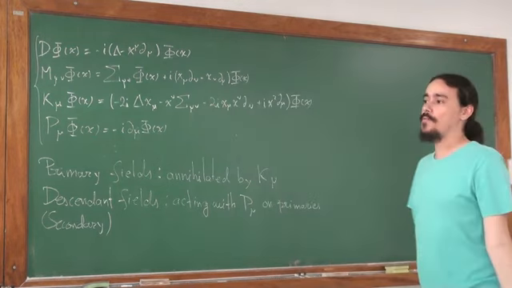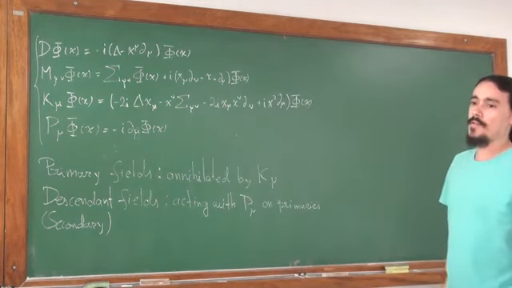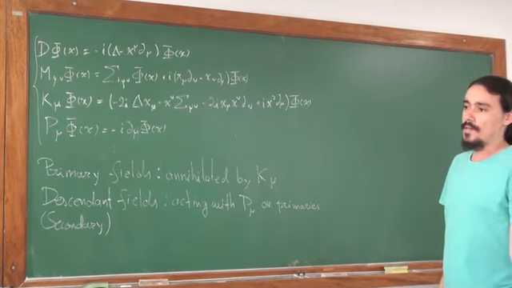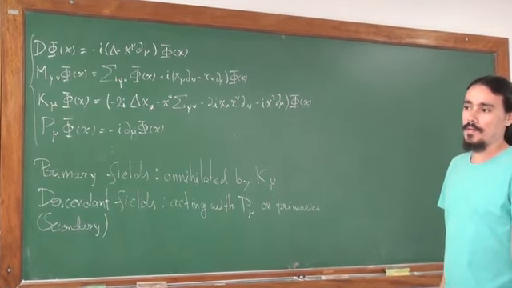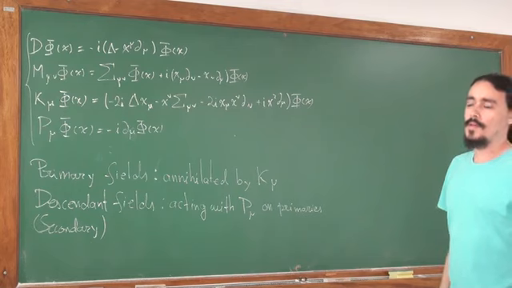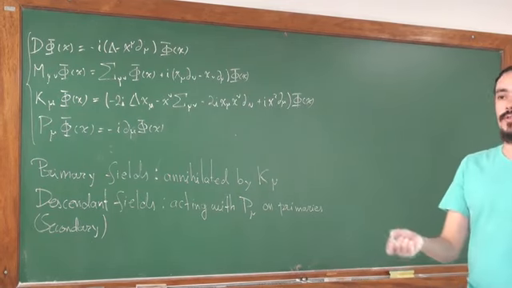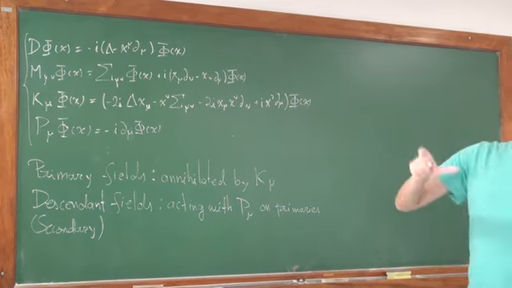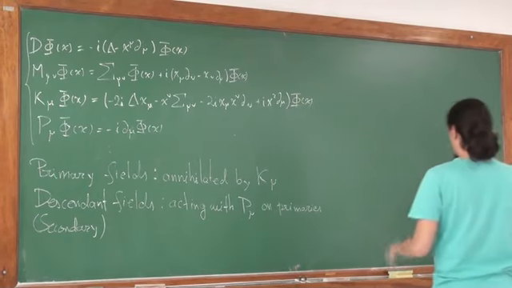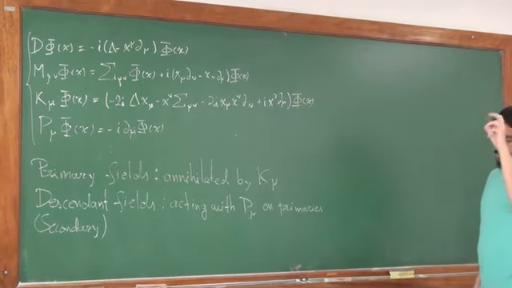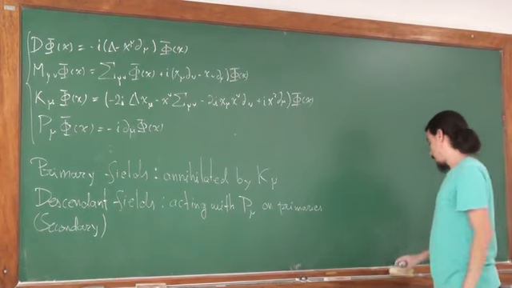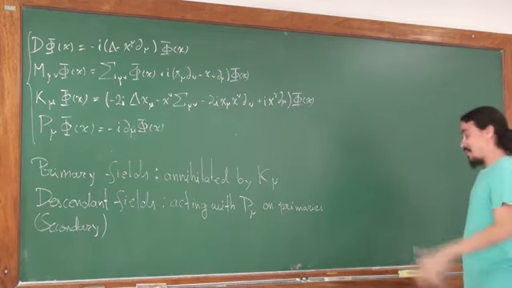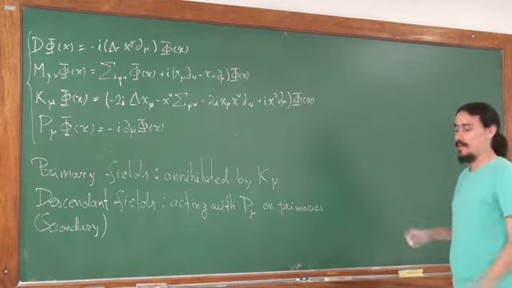Usually for free theories you can have lots of primaries. When you have interacting field theories, the number of primaries is usually pretty low, because you can think that the equation of motion kind of relates them. Okay. This is not a rigorous explanation, but just to give you the idea.